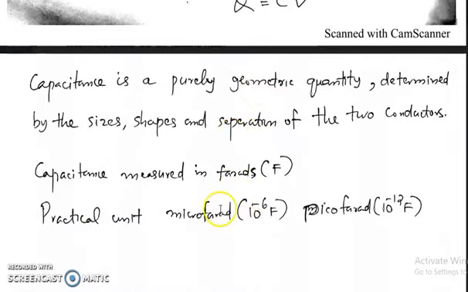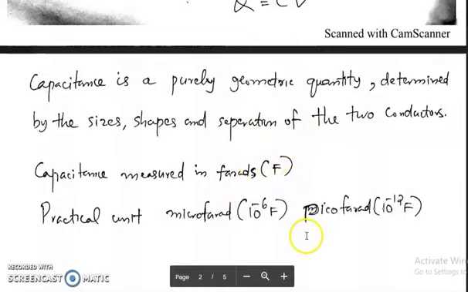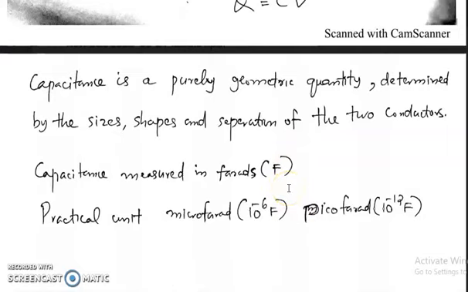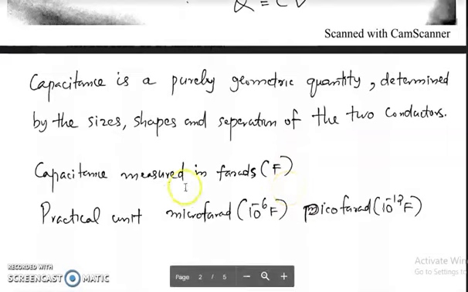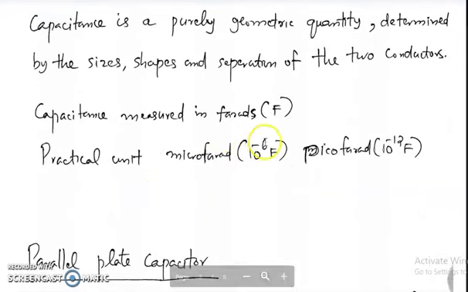Capacitance is measured in farads. The farad is actually a huge quantity, so the practical units are the microfarad, which is 10 raised to minus 6 farad, and the picofarad, which is 10 raised to minus 12 farad.